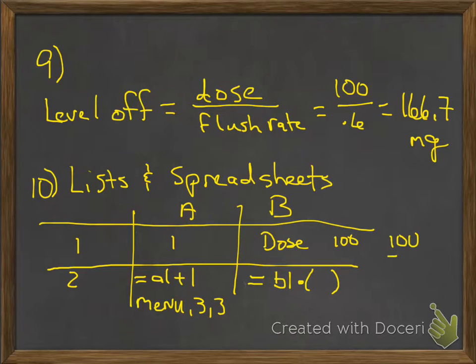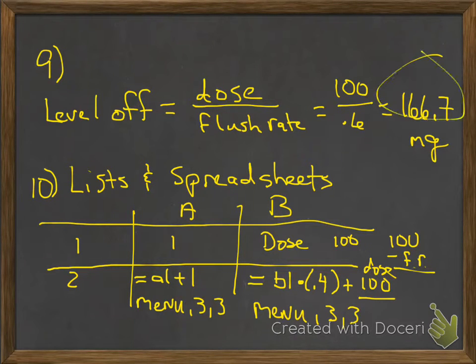It would be 100 minus the flush rate, which in this case would be 40, so 0.4, plus the dosage, which in this case is 100. So keep in mind, this is dose. Press enter, and then you can again go back up to that cell and press menu 3, 3 to drag it to see how far you need to go to get to your level off point. You should be fairly close depending on that one.